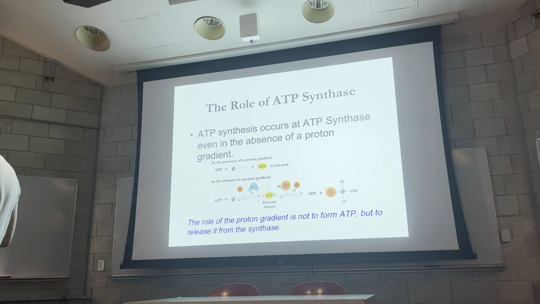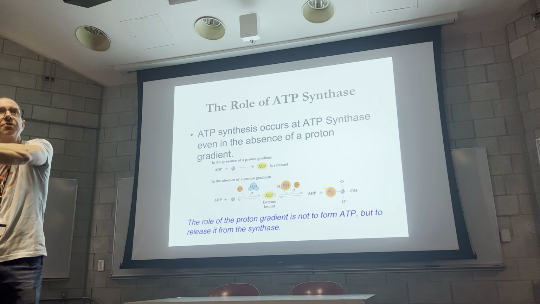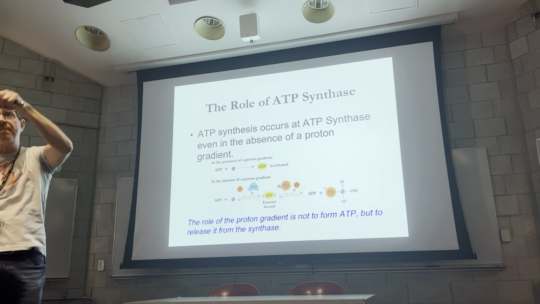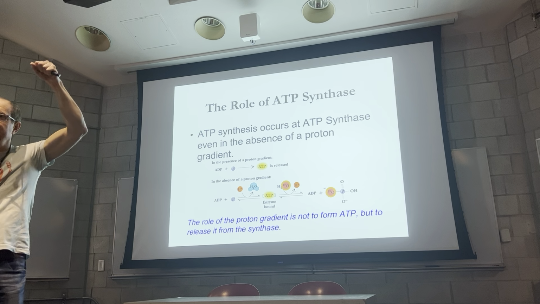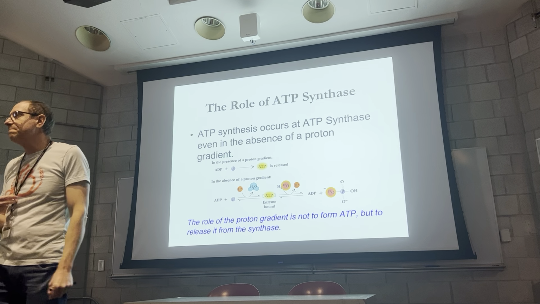In other words, in the absence of a chemical gradient, the enzyme has evolved to just bind in the transition state and clamp down. And it's not going anywhere, right? So to get the ATP off, something's going to have to create an unfavorable conformational change to go like that. It's like a bear trap. And it's like pulling the bear trap apart, and then now the ATP can diffuse away.